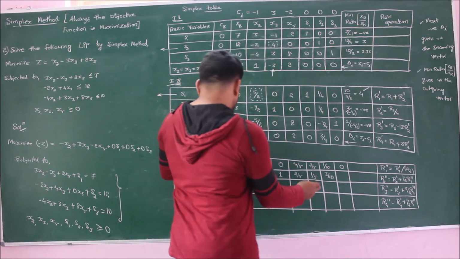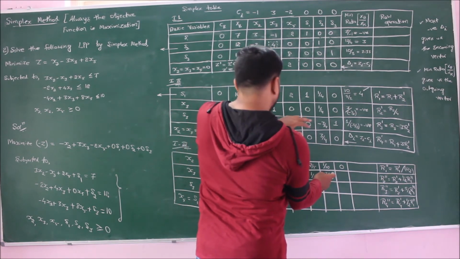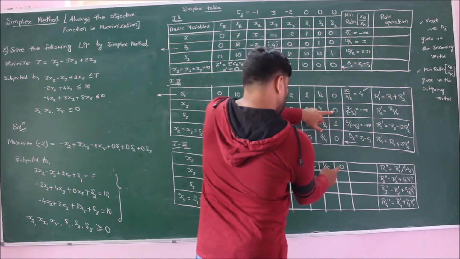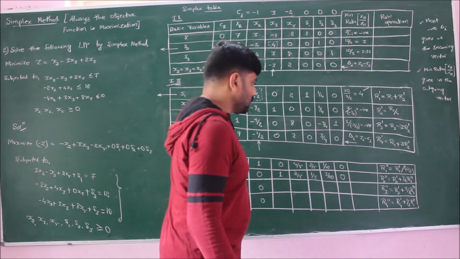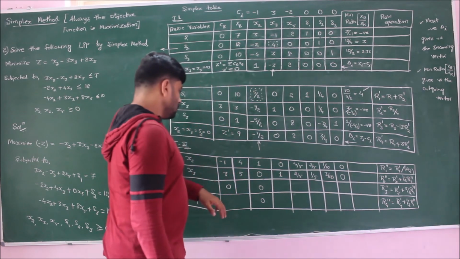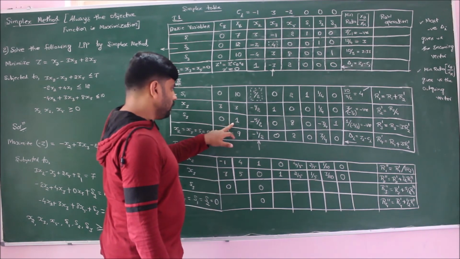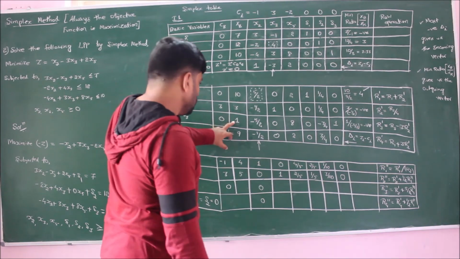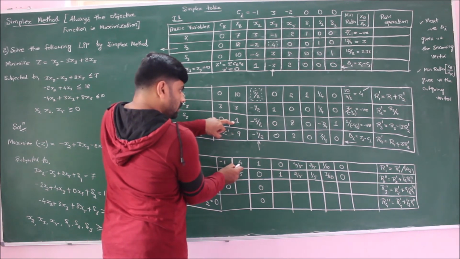Now moving to the next term, we have 0, here also we have 0, therefore we will get the value as 0. Next, moving to row 3, we have 1 plus 5 by 2 into 4.